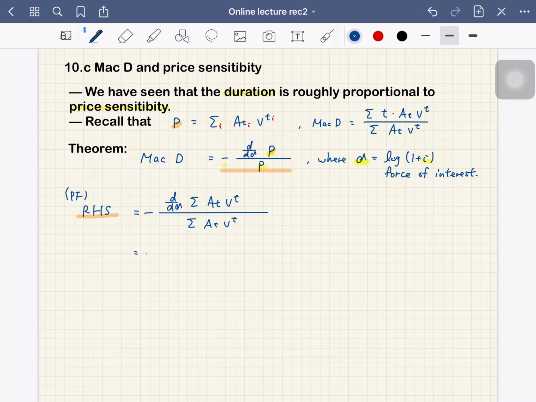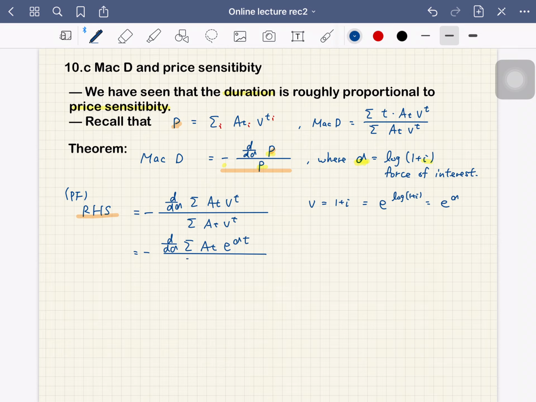What is v? So v is equal to 1 plus i, right, so that is equal to e to the power log of 1 plus i. So this is e to the power delta. Actually v is 1 plus i to the negative 1, so v is e to the power negative delta. So the numerator is, still a negative sign, d delta of summation a sub t e to the power negative delta t.